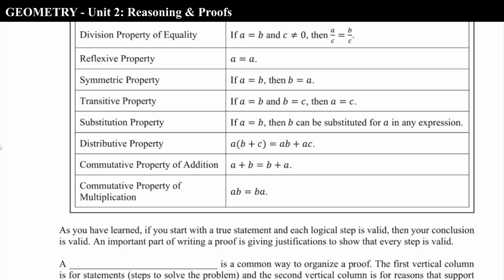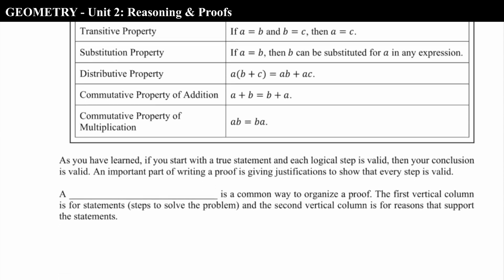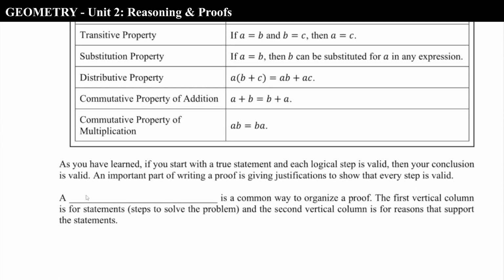So as you have learned, if you start with a true statement and each logical step is valid, then your conclusion is valid. An important part of writing a proof is giving justifications to show that every step is valid. So the way we're going to do this and the way we're going to organize it is by using a two-column proof.